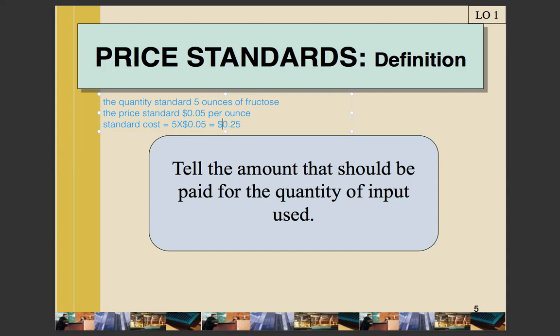So based on the standard cost, we can calculate the total costs of the practice.